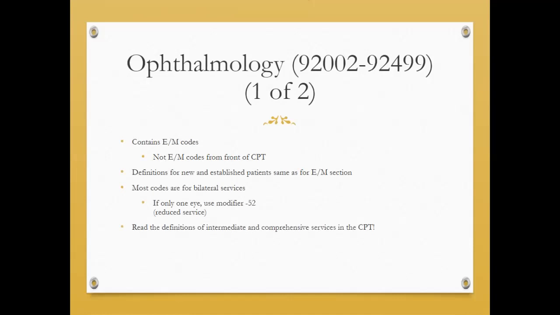Codes are based on whether the patient is new or established and on the complexity of the service received. Now, there are definitions in your CPT that give you detailed definitions of intermediate and comprehensive services. So when you are looking at your CPT, you need to look underneath that section and highlight those notes.